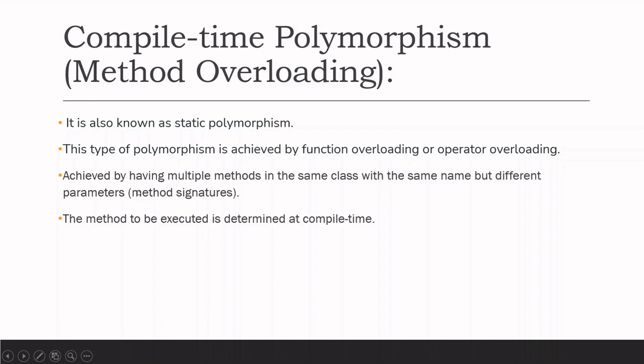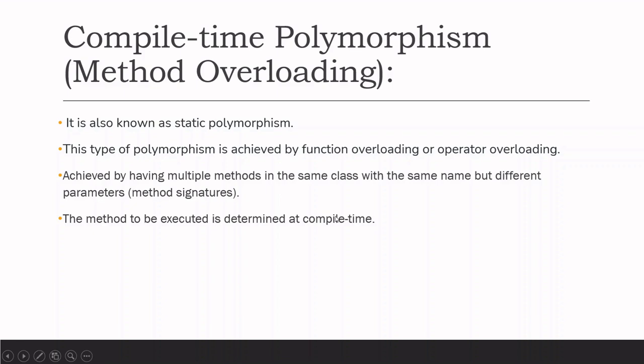So the method name will be the same but the parameters will be different. You can provide one, two, or three method parameters with the same data type or a different data type. The method to be executed is determined at compile time, so all the methods will be resolved at the time of compilation only.